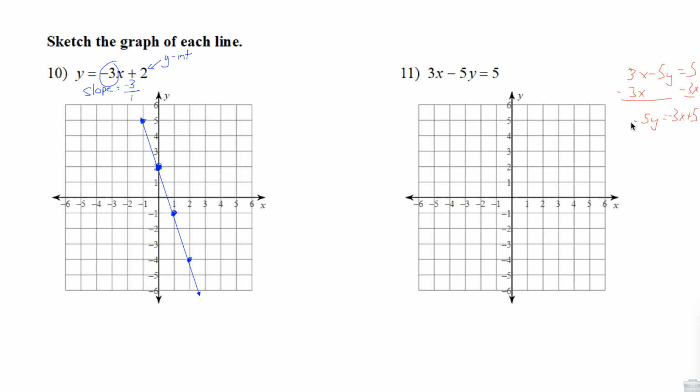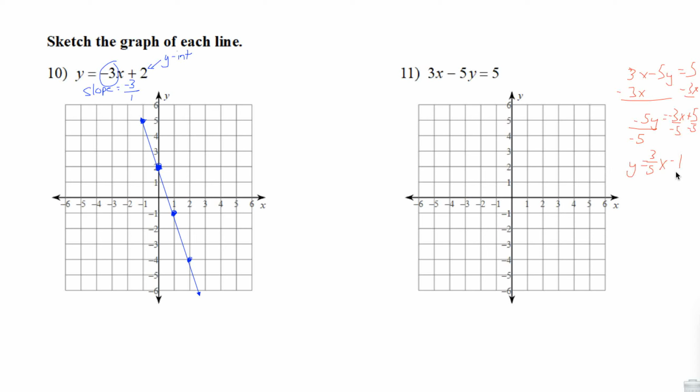And we divide everything by -5, so that's like dividing each term by -5. And we get y equals, the negative divided by negative is positive, so we can put 3/5 x. And then 5 divided by -5 is -1. So now we have it in slope-intercept form.